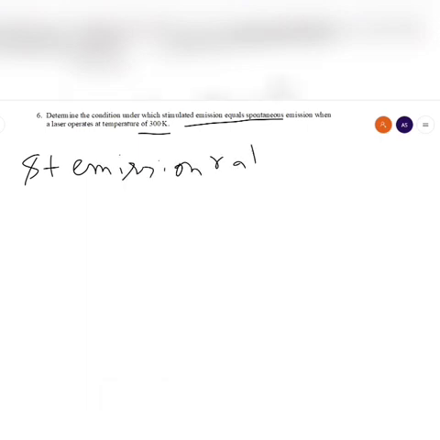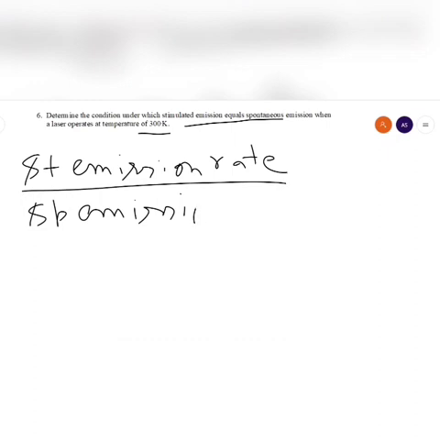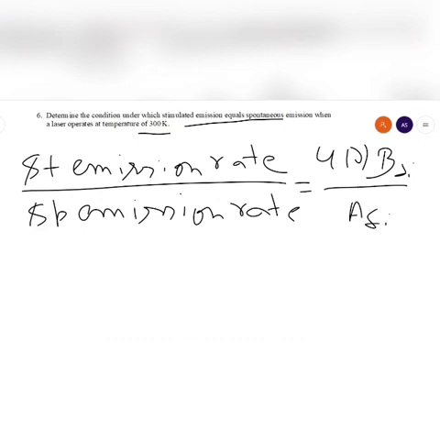rate divided by spontaneous emission rate is equal to u(nu) B_fi divided by A_fi. You know the B and A are the Einstein coefficients.